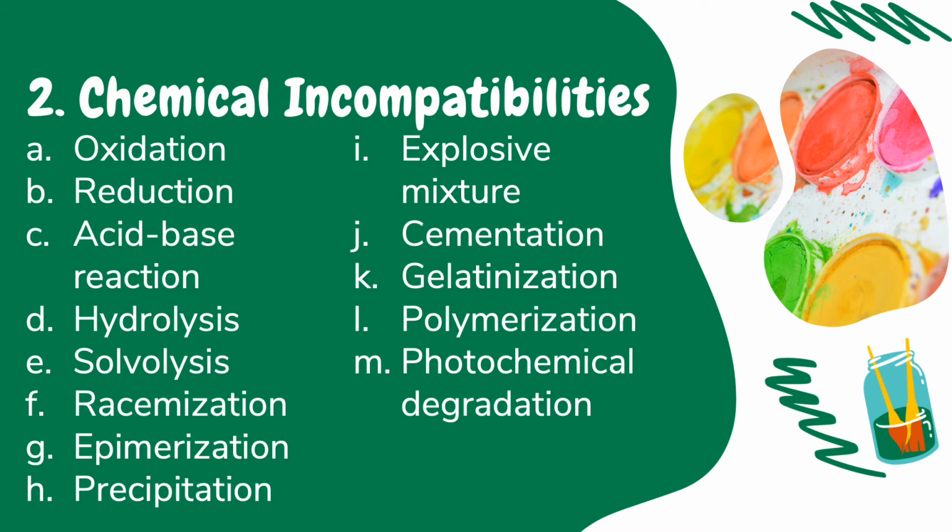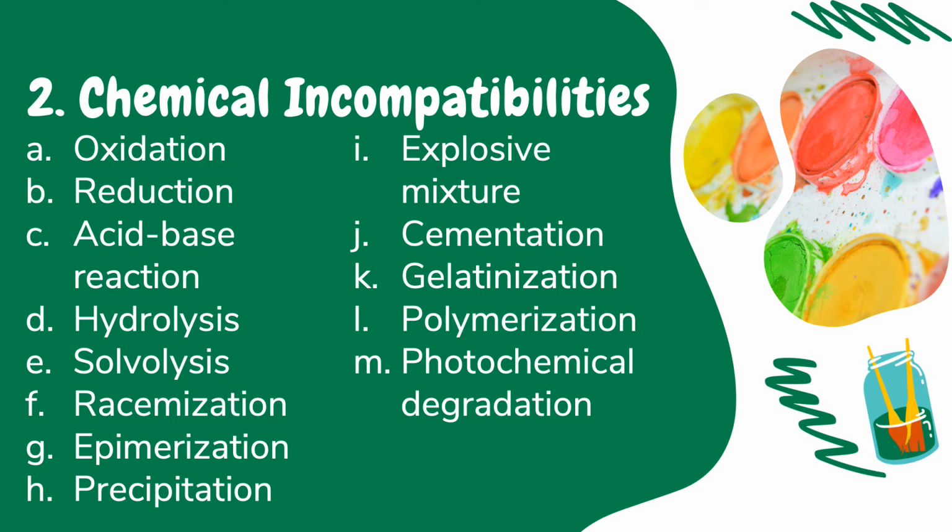So chemical incompatibilities occur when there's a reaction between two or more ingredients that leads to a change in its chemical properties. It can be a visible change, but not necessarily observed from the original drug.